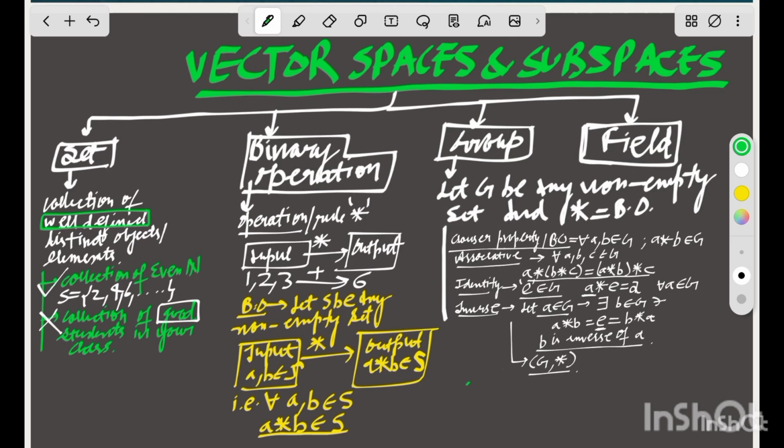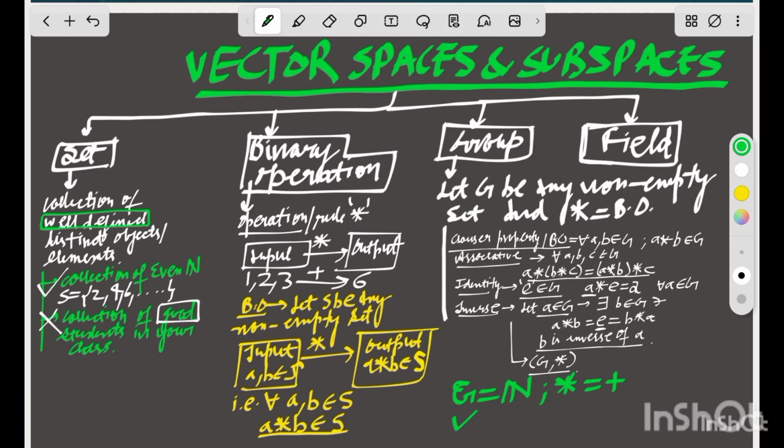Let us consider some examples. First is, let the set G is the set of natural number and the operation is the addition. It satisfies the first property. Why? Because the sum of the two natural number is a natural number. Second is the associative property.